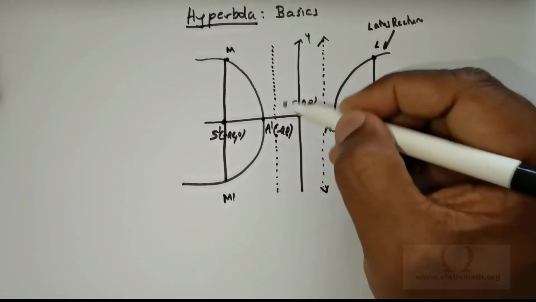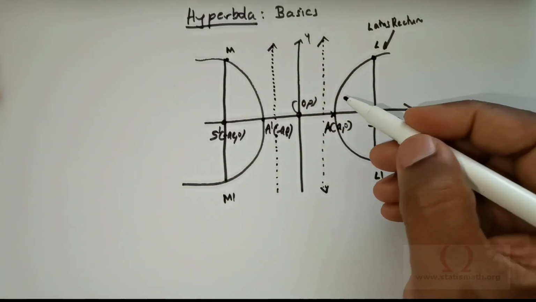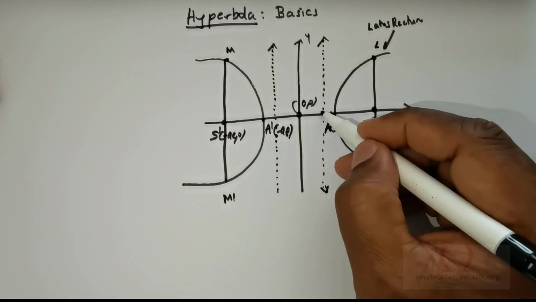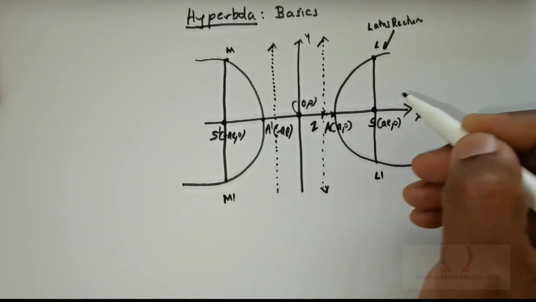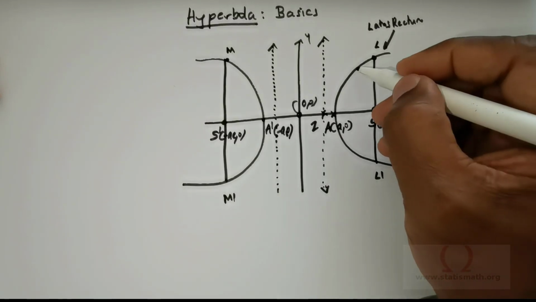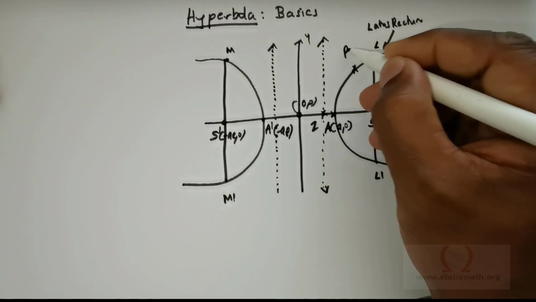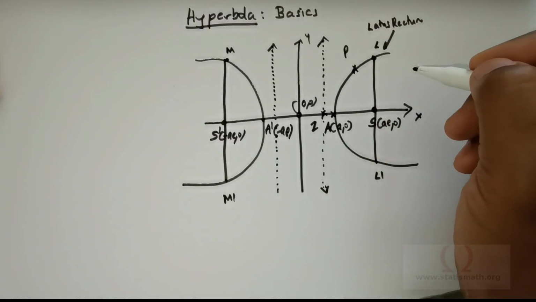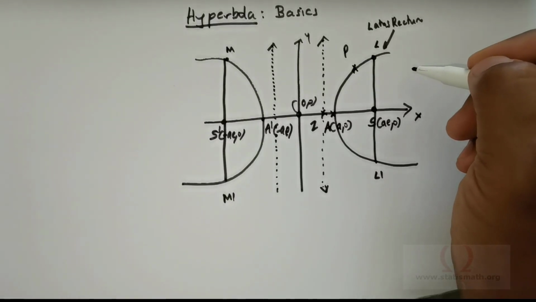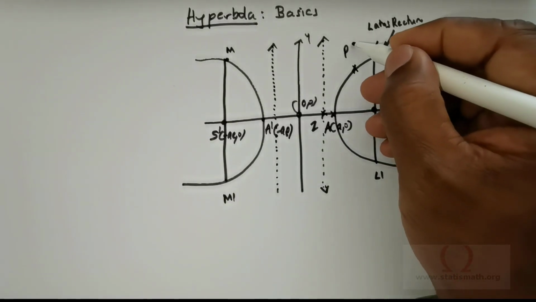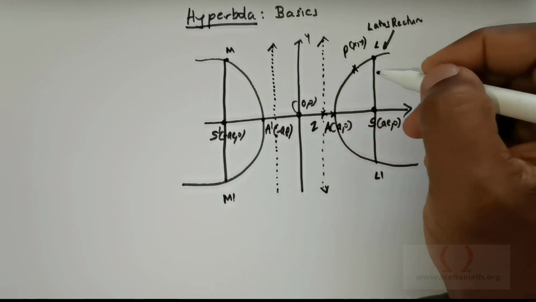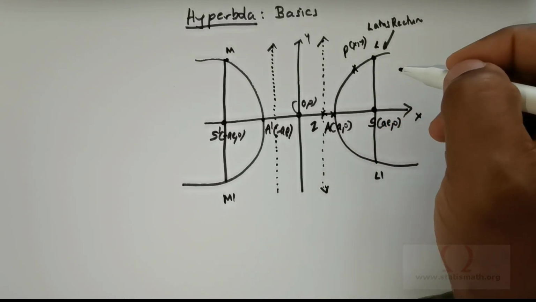Now we need to understand certain directions. So let this intersecting point be some Z, and I'm going to take a point, say P. So I have got a point P of x, y. We are going to be using the point later on.